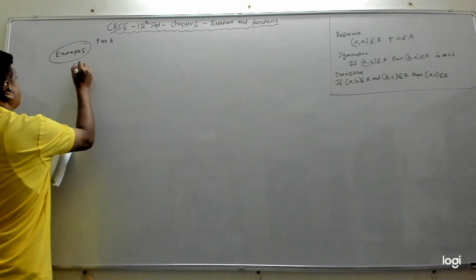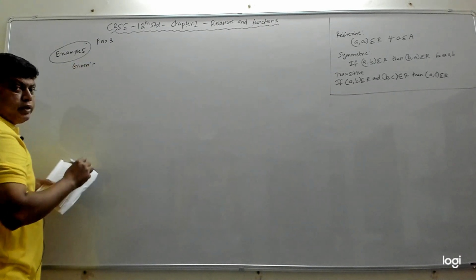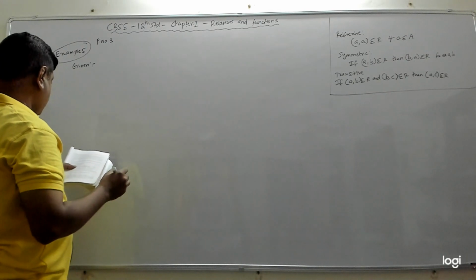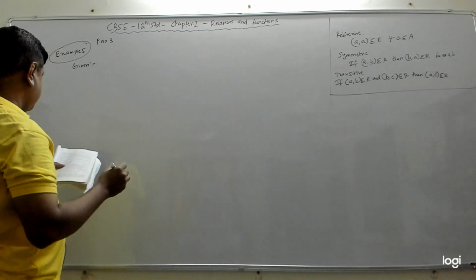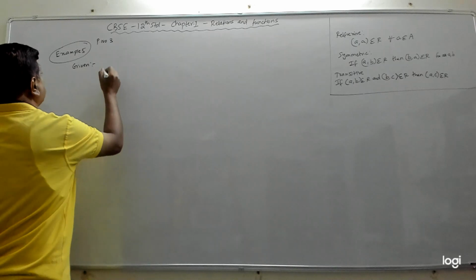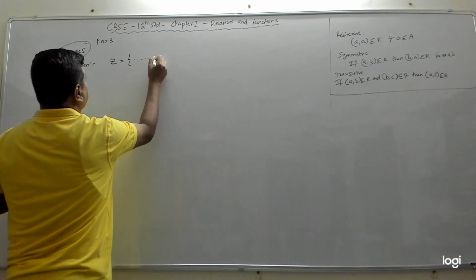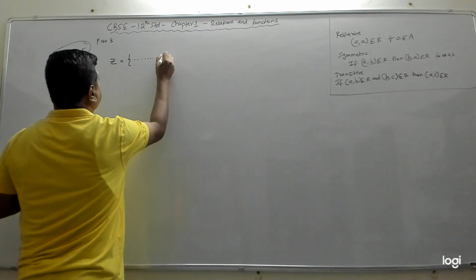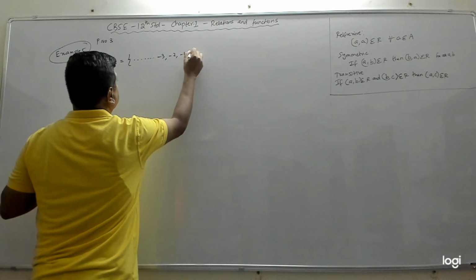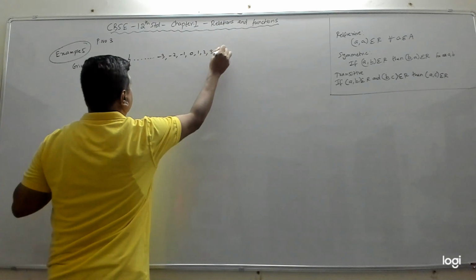So, let's write what is given. Given in the question is R is a relation in the set Z of integers. So the set is Z, which is the set of all integers: dot dot dot, -3, -2, -1, 0, 1, 2, 3, and it goes on.